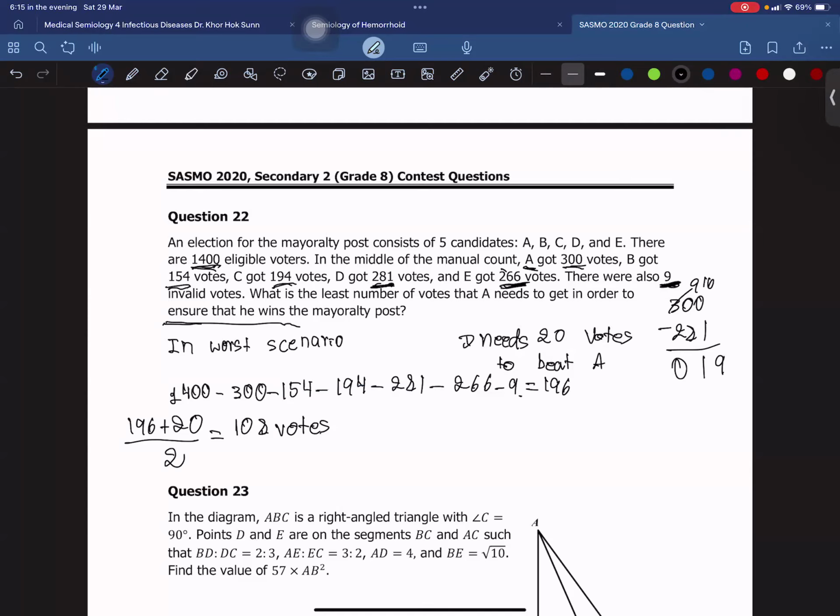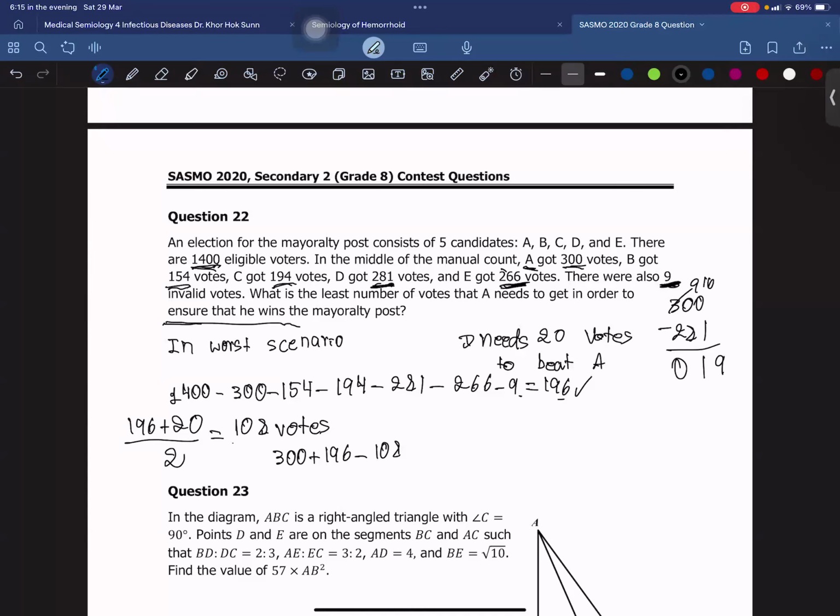Okay, so if A wants to win, or to ensure that A wins, we need to take 300 plus 196, which is the remaining one. We need to add the remaining and then minus the 108.